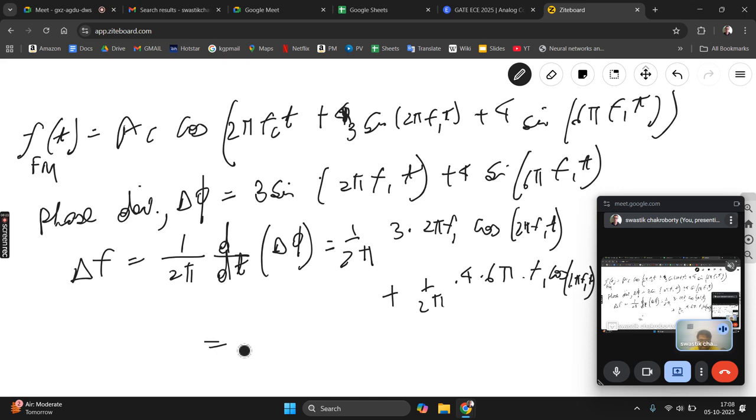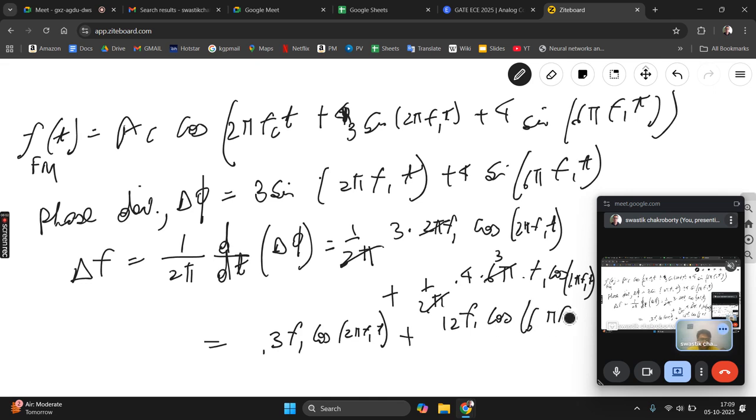So the maximum frequency deviation becomes, the 2 pi cancels completely, 3 f1 cos 2 pi f1 t plus 12 f1 cos 6 pi f1 t.